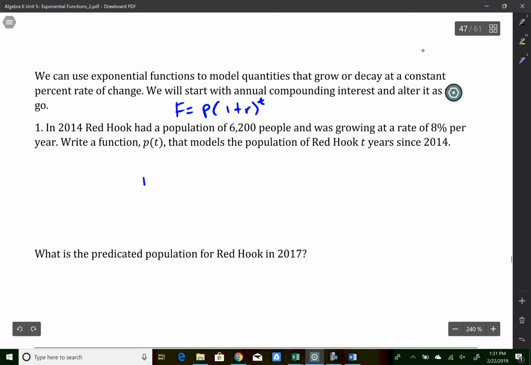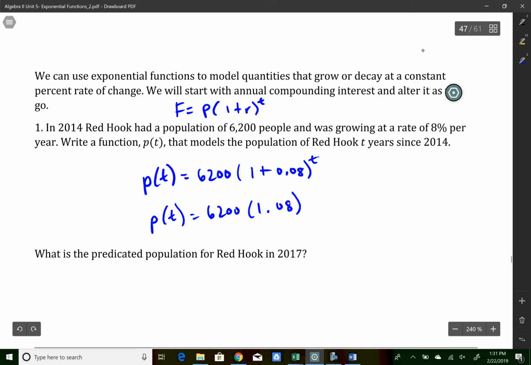P of T is equal to 6,200 times 1 plus the rate, 8%, all to the T. Clean it up a little bit inside: 6,200 times 1 plus 0.08, all to the T. And it says, what is the predicted population for Red Hook in 2017?